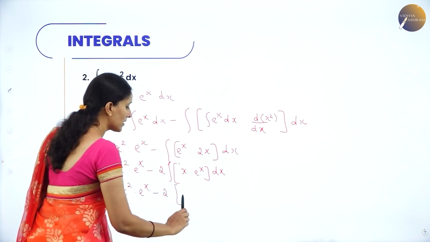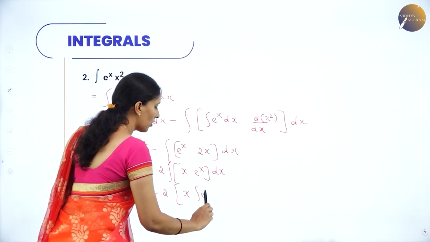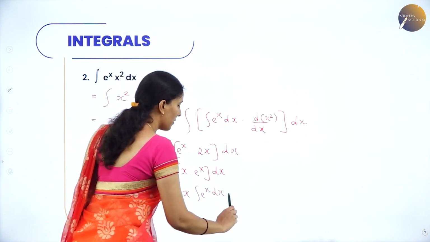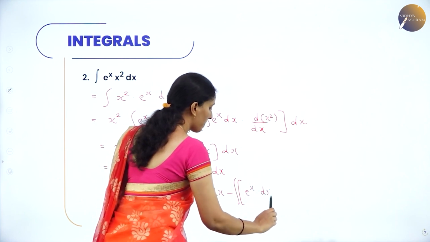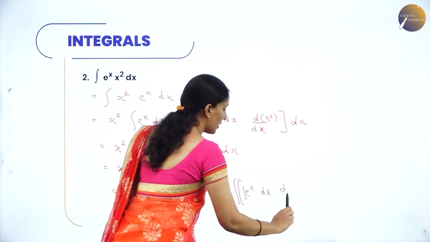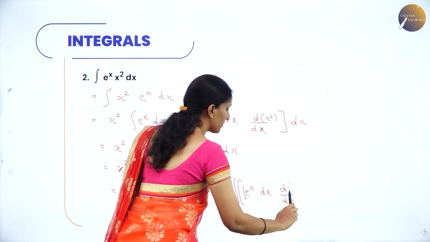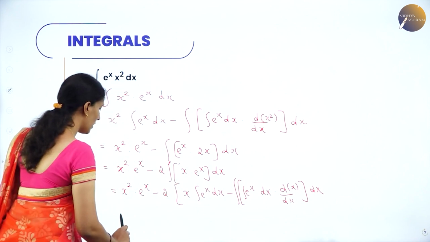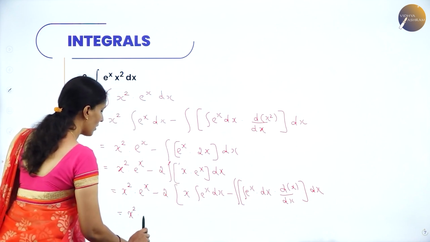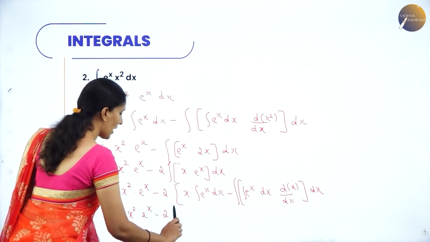What does the rule say? First function, integral of second minus integral of second into derivative of first with respect to dx. So here you have x square e power x minus 2 times.